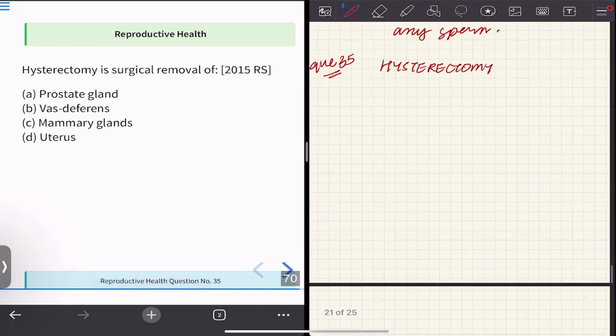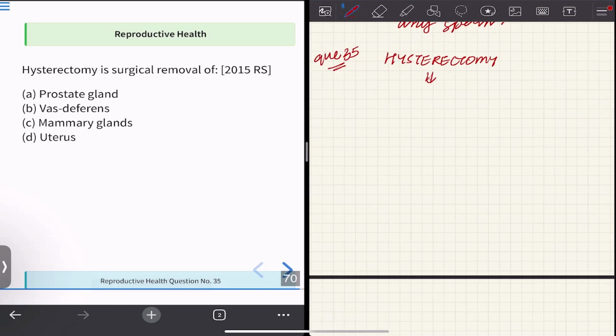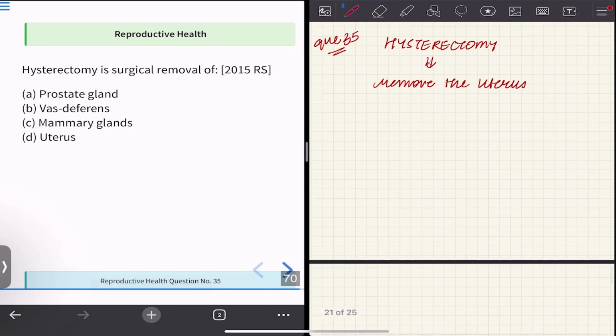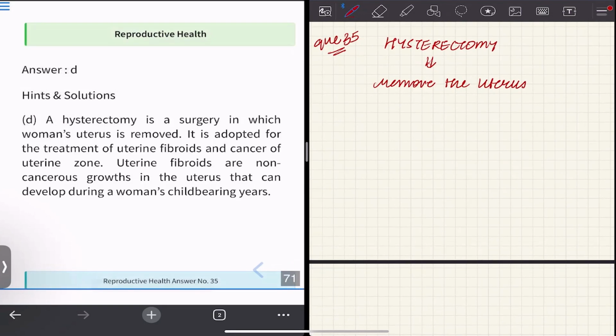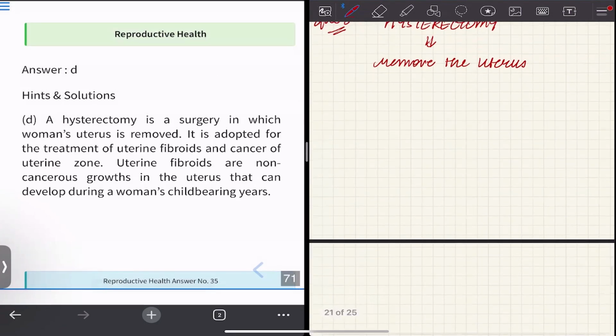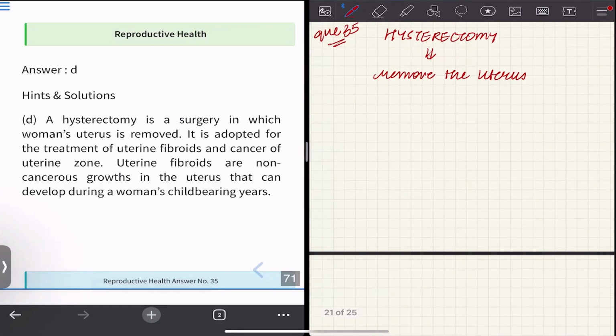Okay, so hysterectomy, we have question number 35. Hysterectomy is a process in which we remove the uterus. In hysterectomy, the uterus itself is removed from the human body. And why is hysterectomy done? We do hysterectomy only when we do not have any other option left. It can be done after menopause.